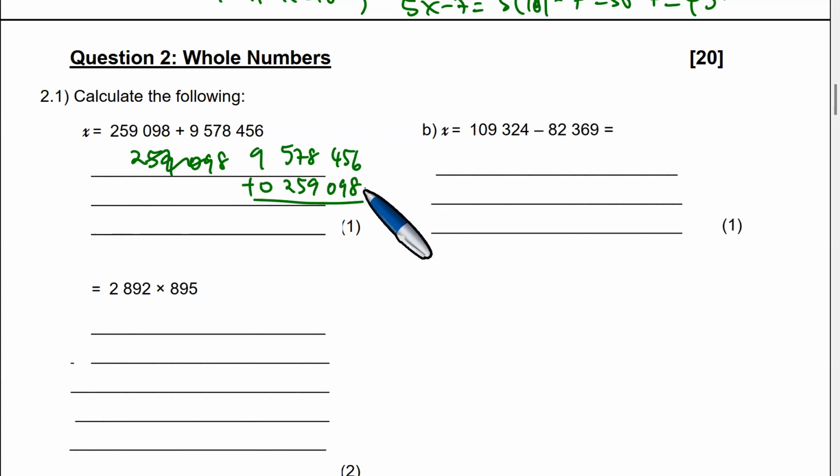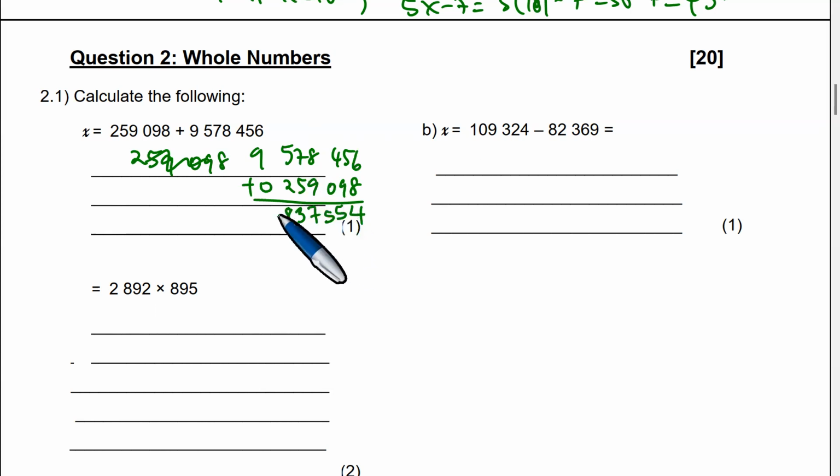What is 8 plus 6? You bring down 4, then you carry 1. This is going to be exactly 15. You bring down 5, then you carry 1. 4 plus 1 is 5, 9, and 8 is 17. You bring down 7, then you carry 1. This is 6 plus 7, which is 13. You bring down 3, then you carry 1.